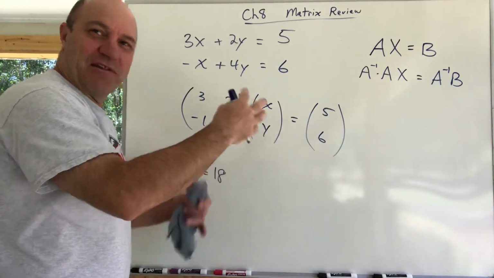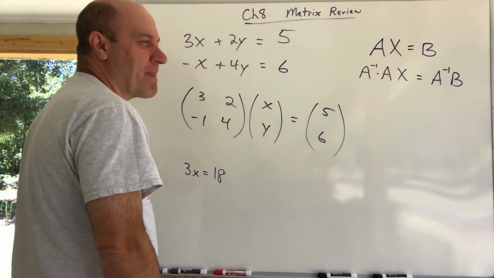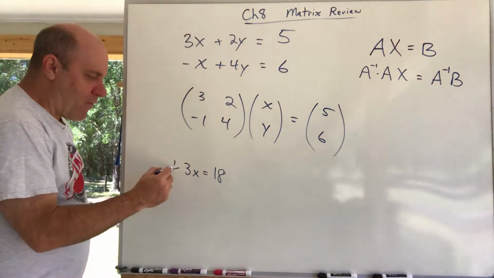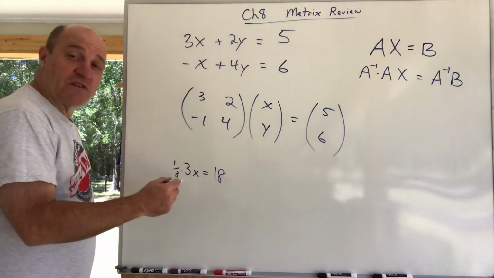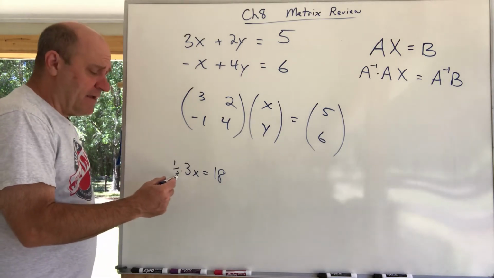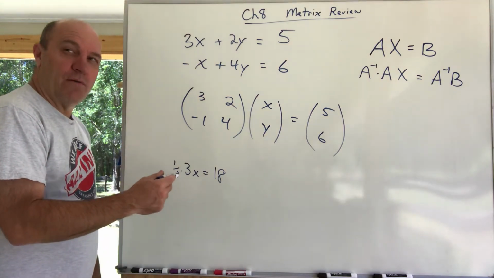So now there's a thing called left multiplication and another thing called right multiplication. When you multiply by 1/3, it's the multiplicative inverse of 3 and you get a 1, but that's the identity element of multiplication.